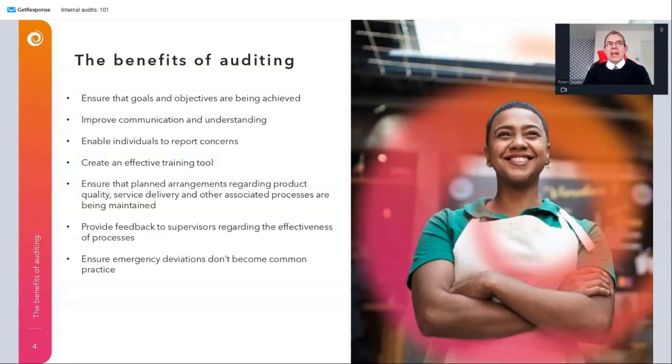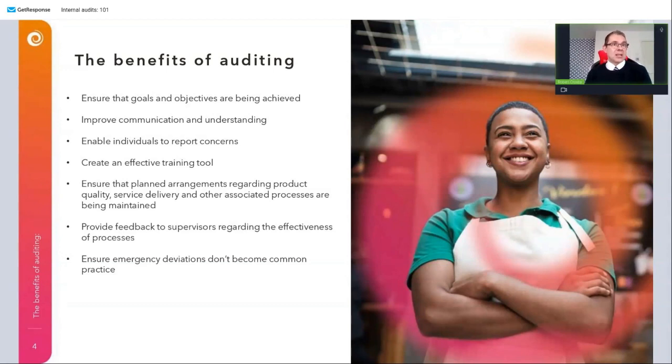Generally, any management system audit is there to ensure that any planned arrangements are being followed, are being maintained, and a common theme that you will find is that the organization is achieving expected outcomes. So, for example, most organizations want to deliver their service delivery activities to their clients error-free, at the right price, at the right time.